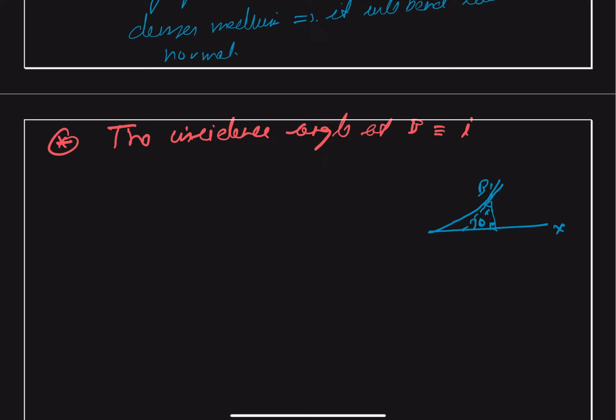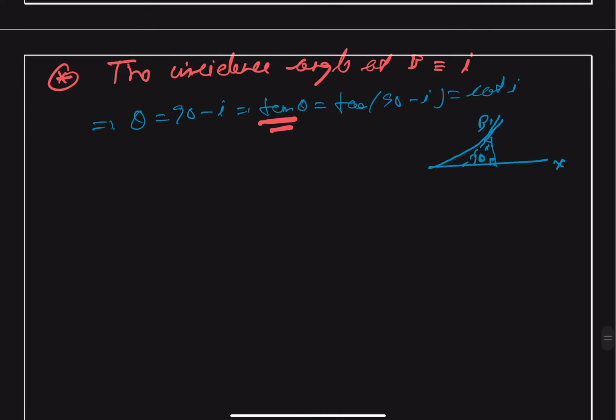So we can say that theta is equal to 90 minus I. And from here, tangent of theta will be equal to tangent of 90 minus I, which gives us cotangent of I. Tangent of theta is nothing but the slope. So we can write that the slope is equal to cotangent of I, that is our angle of incident.